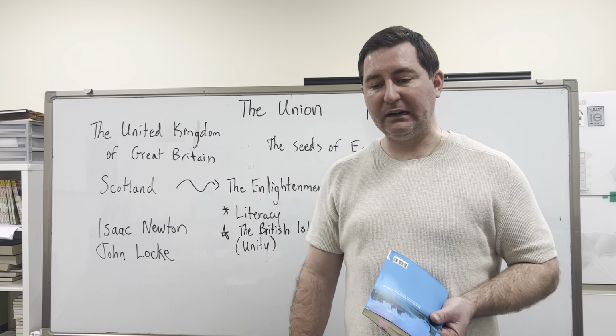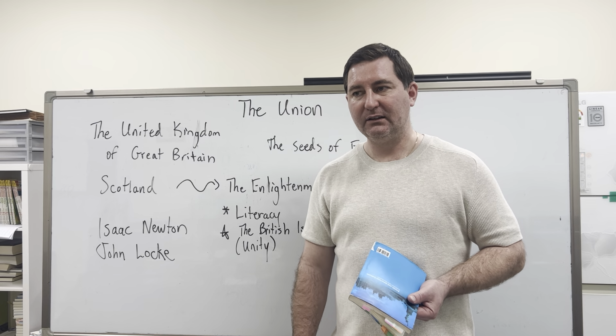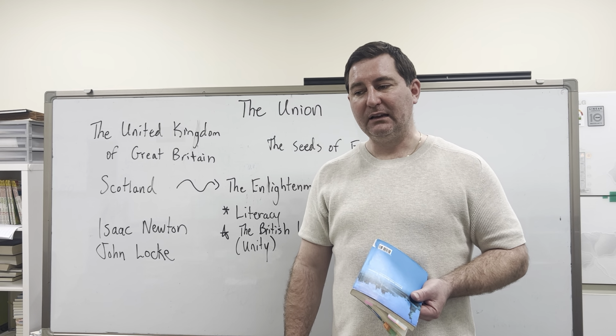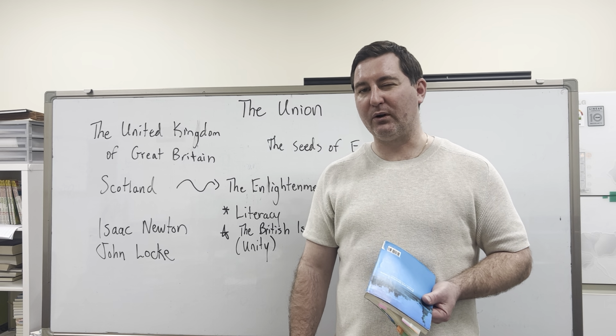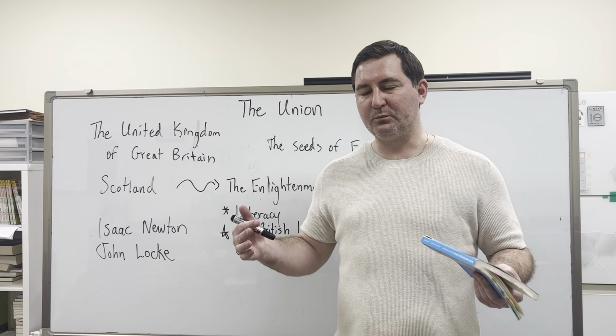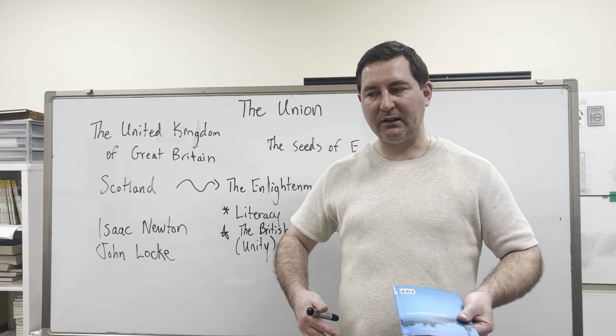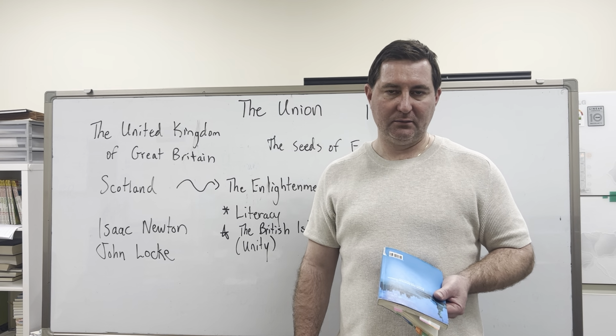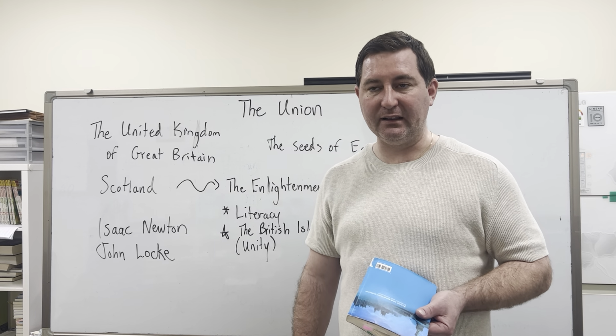the northern part is much more rugged. It's colder. It has some natural resources, but it can't support the same amount of population, and so traditionally it's a poorer part of the island.